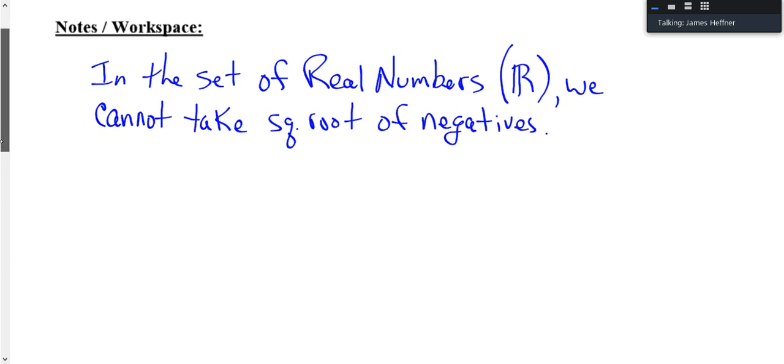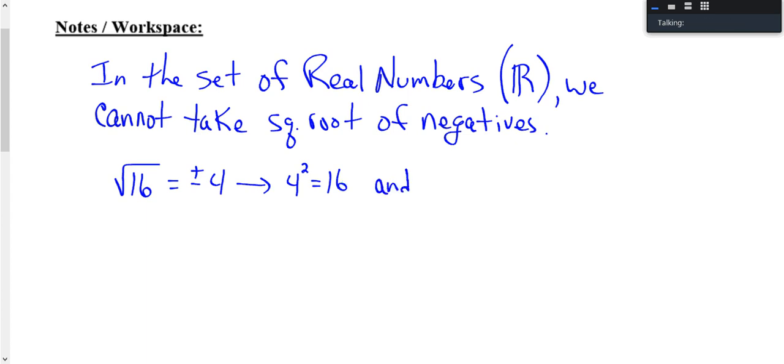So, for example, if I ask you to take the square root of 16, you know that's plus or minus 4, right? Two answers. And why is that? It implies that when we go the other way, 4 squared, we get positive 16, and if we square negative 4, we also get positive 16.